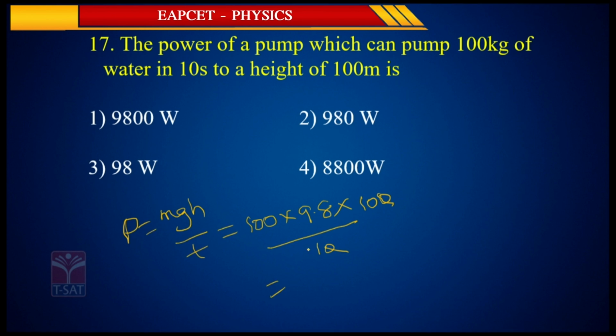Here 100, two zeros are there. 1000 into 9.8, that is 98 into 10 to the power minus 1. Therefore 98 into 10 cube minus 1, that is 10 to the power 2, 10 square means 100, so 9800 is the answer.